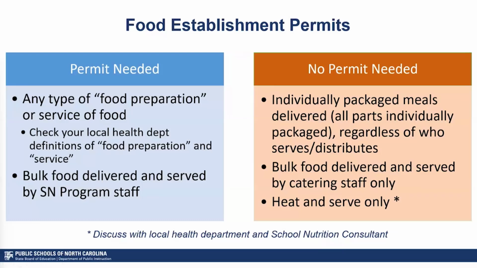If you are receiving bulk food in pans or containers that must be plated and served to students at your school location at meal service, that would be a situation requiring those serving to have a food establishment permit. In other words, the caterer who should have this permit could serve the meals.